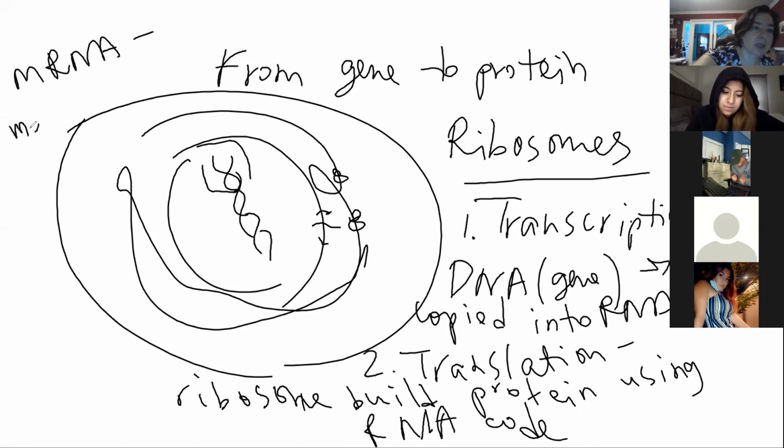M stands for messenger. Messenger RNA is literally a copy of one gene. RNA is a very useful molecule because it reflects which genes are activated inside the cell. DNA is a bulk, whatever is there, a bunch of things. RNA is one specific molecule.